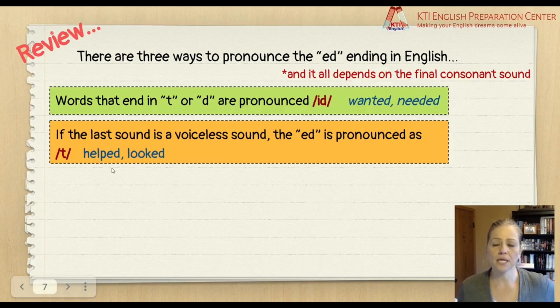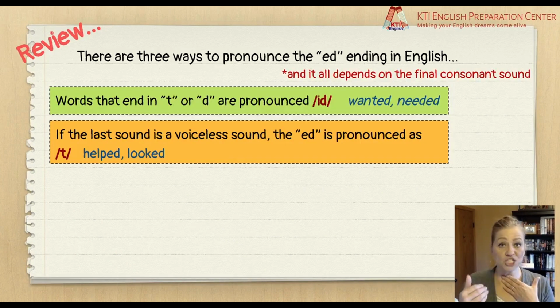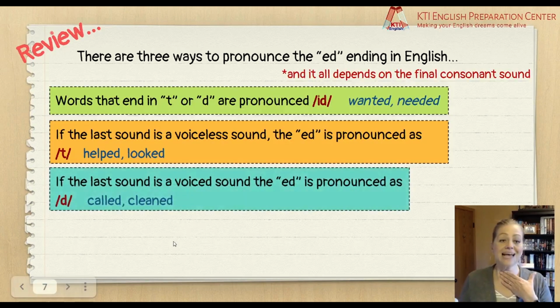So help, you don't feel any vibration. Your vocal cords are not moving. It's just pushing the air out. So because it's voiceless, then we put the t sound at the end. Helped, looked.